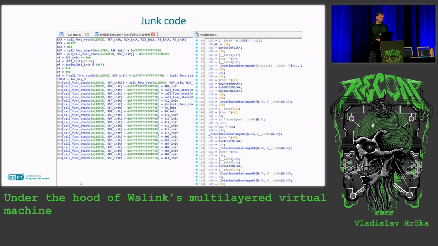Before we discuss what this VM entry function does, we can have a look at this junk code. The virtual machine uses this junk code in many places. On the right side is IDA's attempt to decompile this code, and on the left side we can see that miasm's symbolic execution was able to simplify the code much better, and we can see right away what the basic block does.